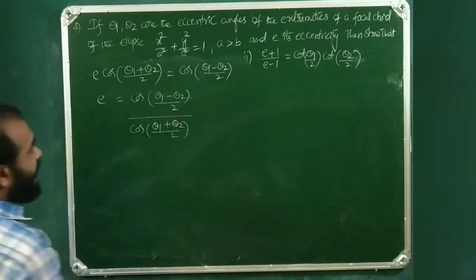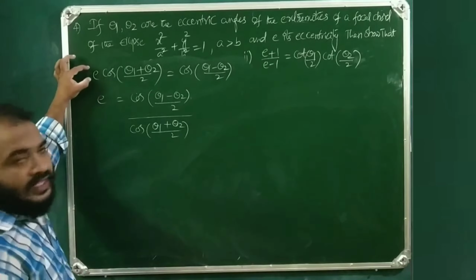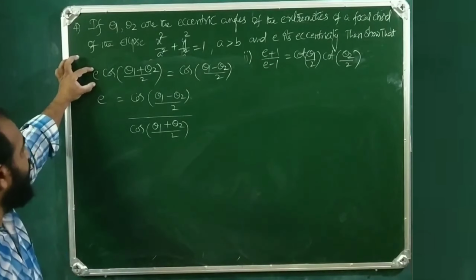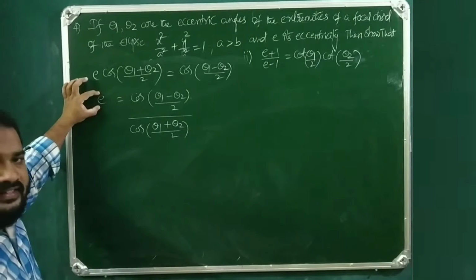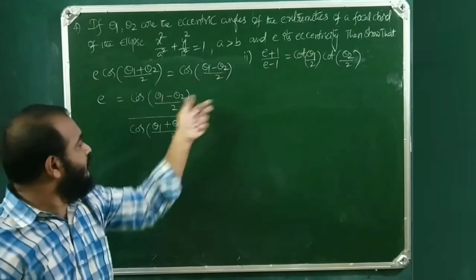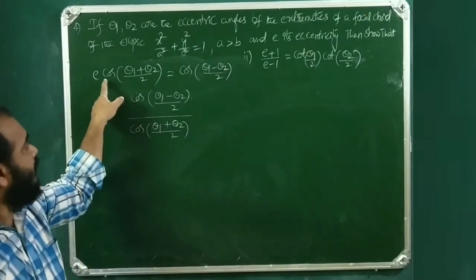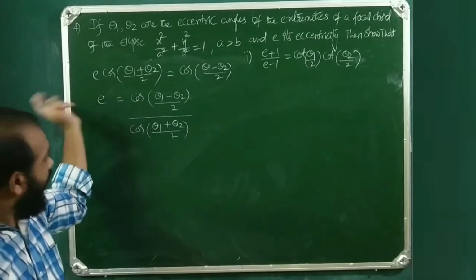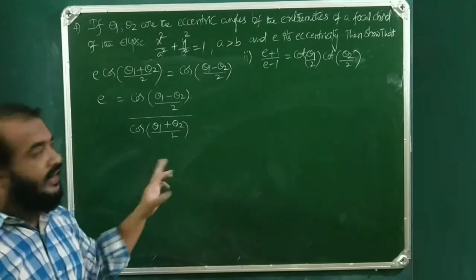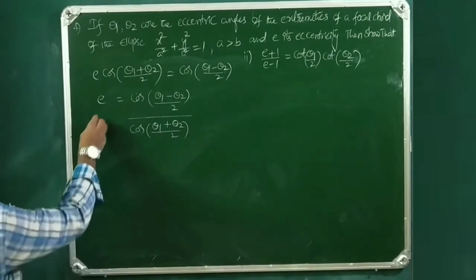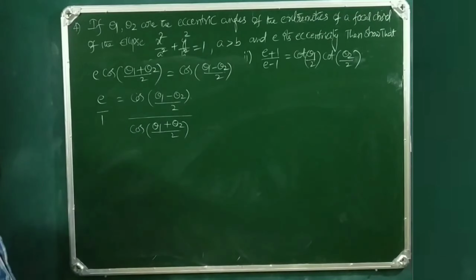I did not do anything, I just kept E on the LHS itself. Cos (theta 1 minus theta 2)/2 is the same. This is multiplying with E, and if you transpose it, it will be dividing. So when nothing is there, one can be assumed.